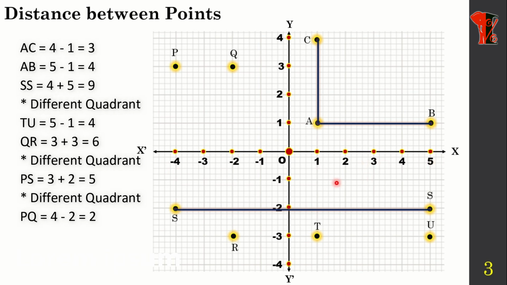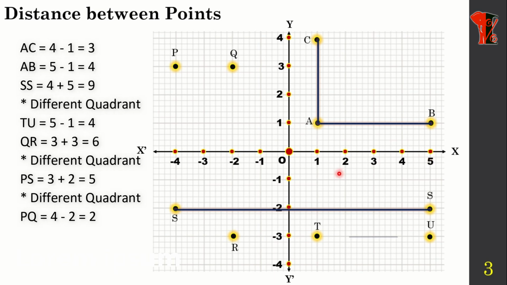From 0 to 5 it is 5 units or 5 centimeters, and 0 to 4 it is 4 units. That means this side it is 5 units and this side it is 4 units. So together it will be how much? 9 units. If it is in the same quadrant, we can choose subtraction. If it is in different quadrants, you add them.